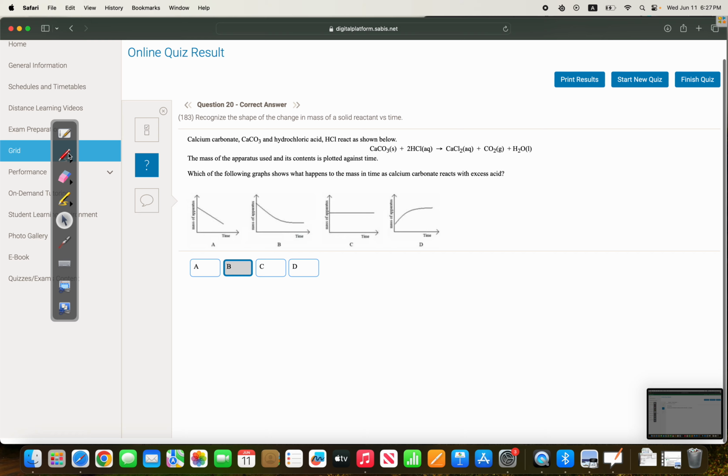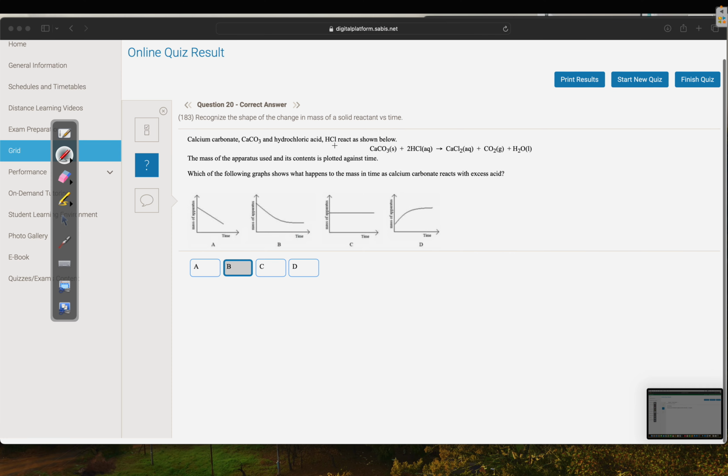So the mass of the reactants will decrease as the reaction continues. It will start from here and slowly decrease until there is this horizontal line, which means that the reaction is done and there will be a little bit left, not much.